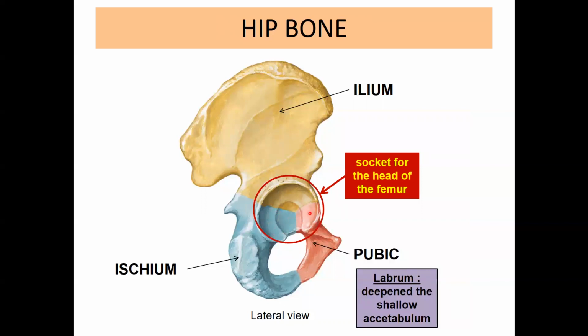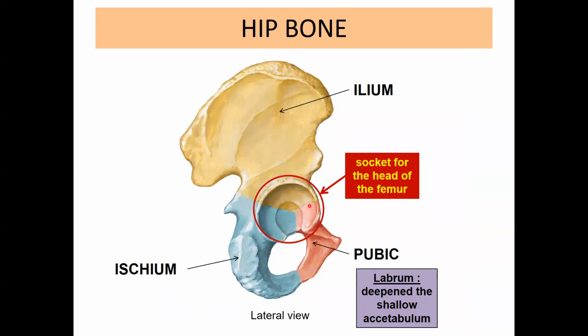This acetabulum originally is really shallow, so it is actually not really fit for articulating with the head of femur. But with the presence of a structure called labrum, a tough connective tissue, the acetabulum will be more deepened.